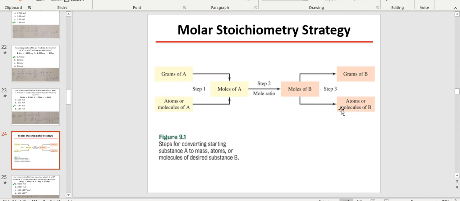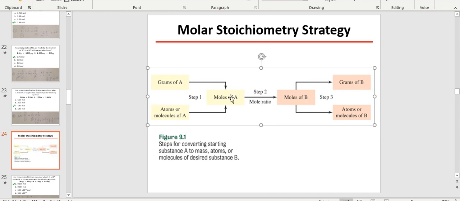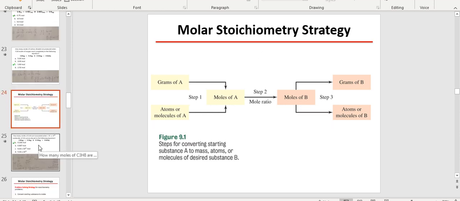So you see here, this is what we've been doing the past 5 or 6 or 10 slides. Is this right here, mole to mole, easy peasy. But if I gave you grams, you got to flip it. If I'm asking for molecules, you do this, but then at the end, you got to flip it. You have to do that extra triangle formula. Okay? Let's try one out, shall we?